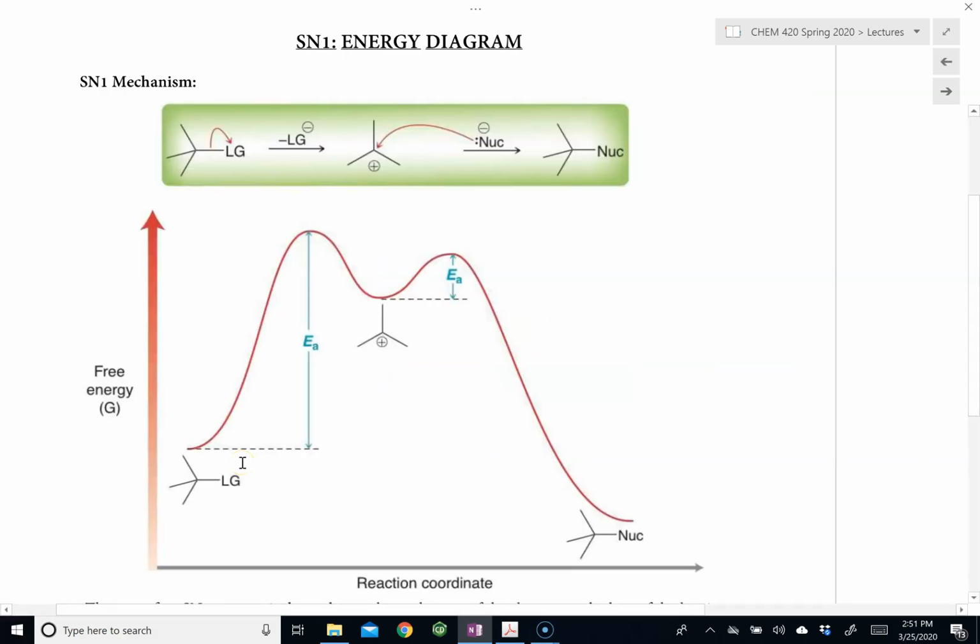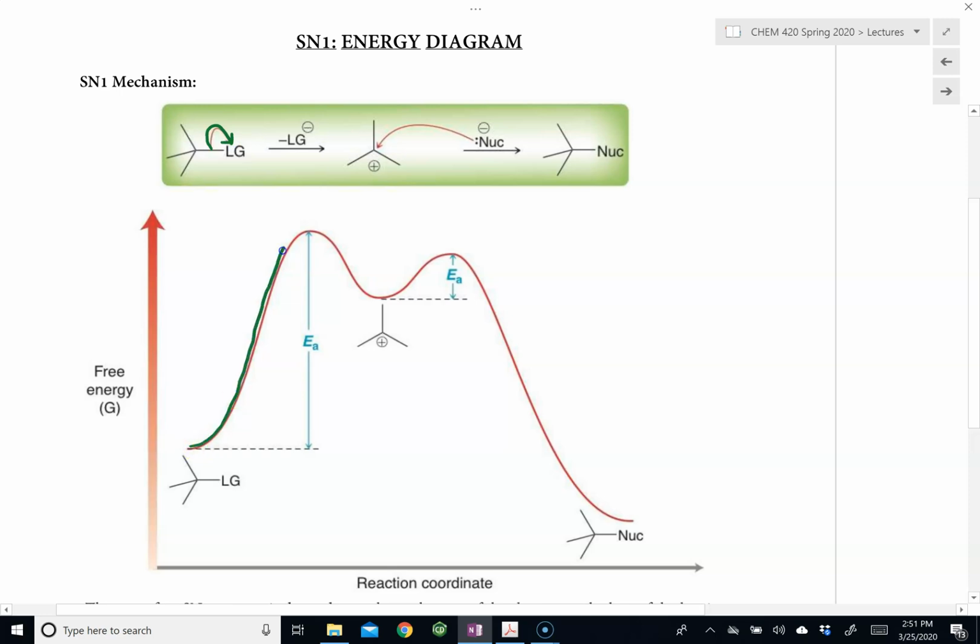Energy diagram of an SN1 reaction. Below is the energy diagram of an SN1 reaction. The first step in the reaction mechanism is the loss of the leaving group, and here would be that step.